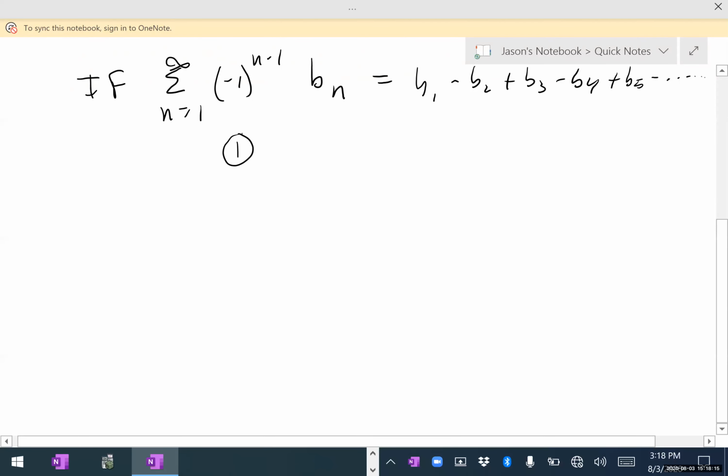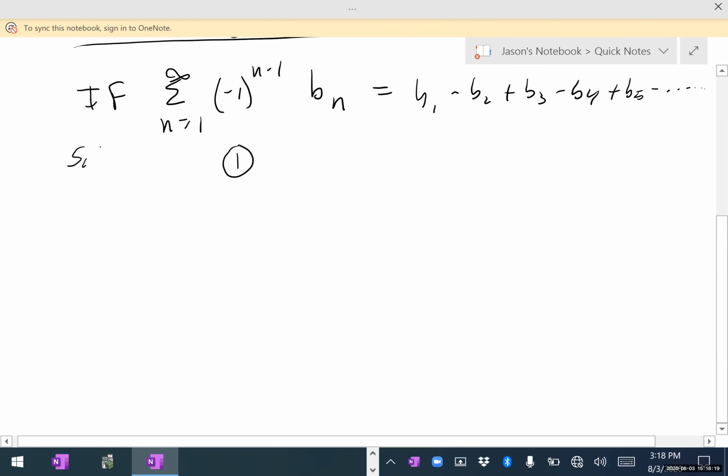The first condition it needs to satisfy: number one, the terms decrease, b_(n+1) is always less than or equal to b_n for all n.